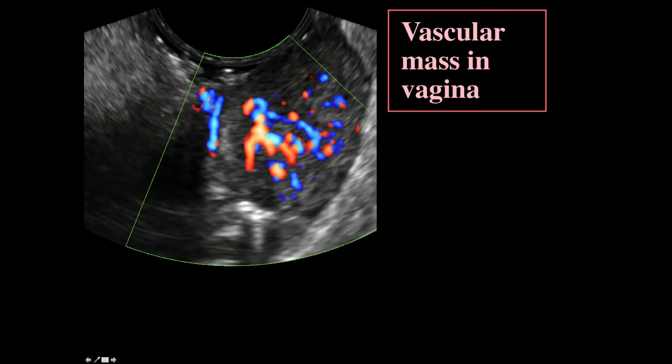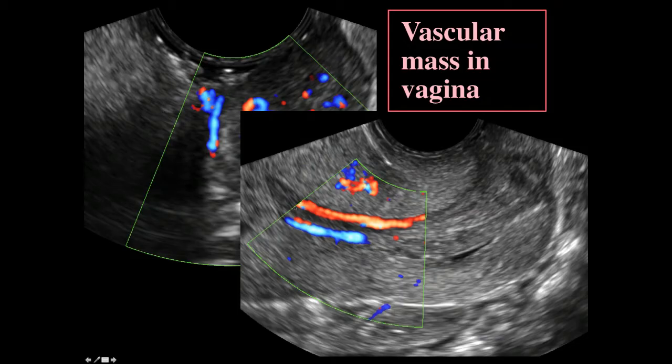So let's look a little higher, and now we're going to look at the cervix. And here's the cervix. This is the external os here, and this thing is protruding out this way through the external os, and you can see that there are feeder vessels coming from way up high in the uterus.